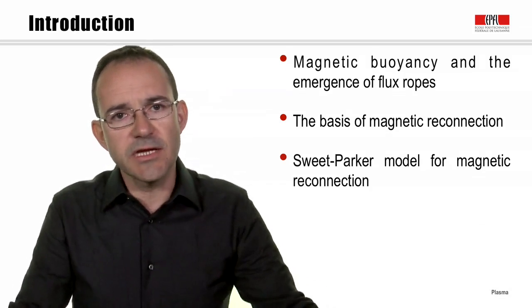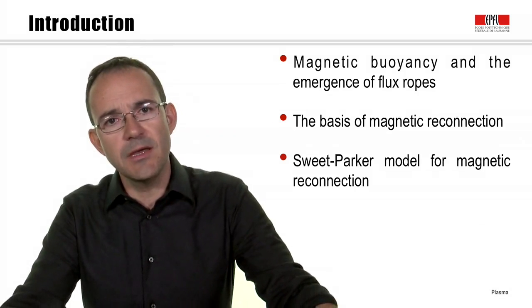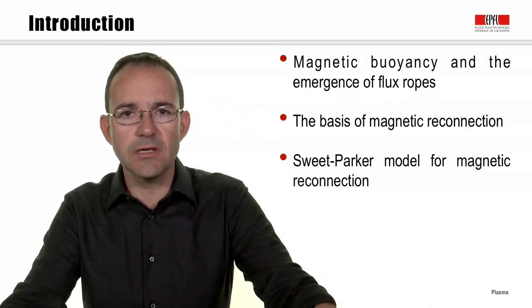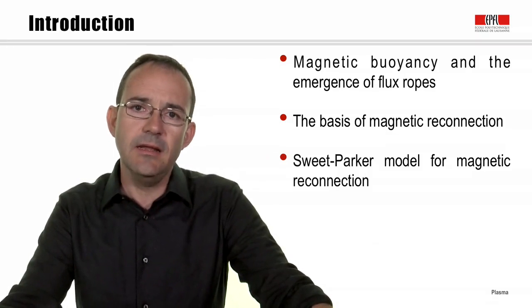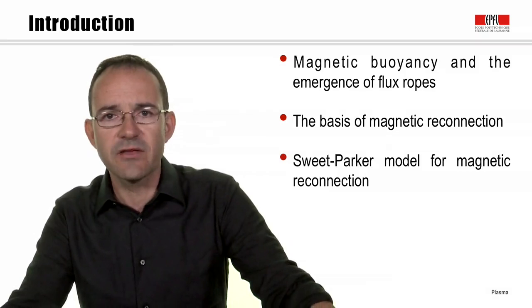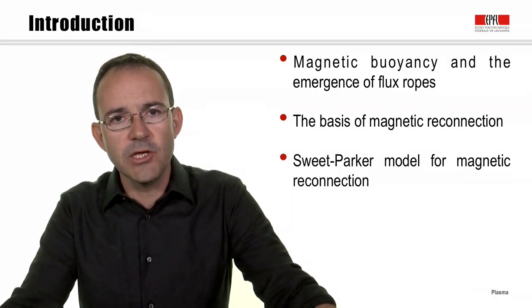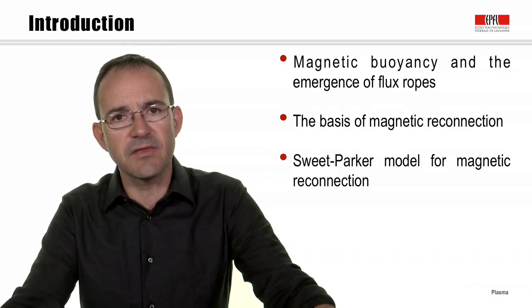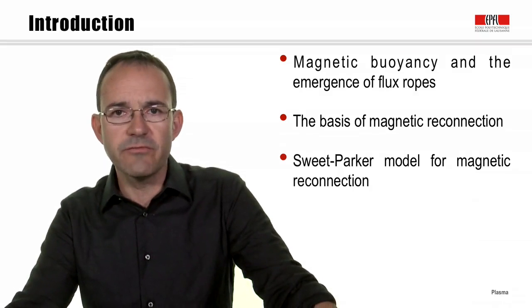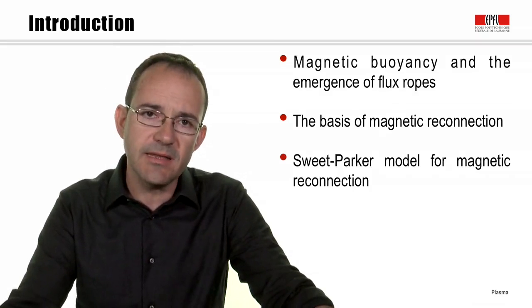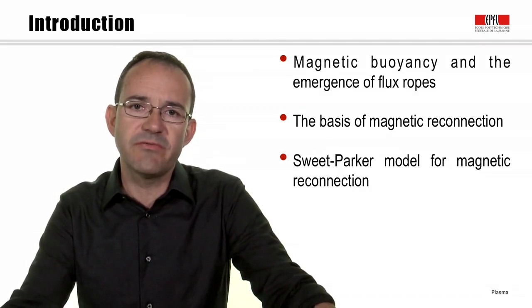In the course of this lecture, I will first describe how magnetic buoyancy can result in the emergence of the flux rope, and I will then detail how magnetic fields of different flux ropes can interact. You will discover that magnetic field lines can break, reconnect, and change the topology of the fields by converting a large fraction of the magnetic energy into energy of the plasma flow.